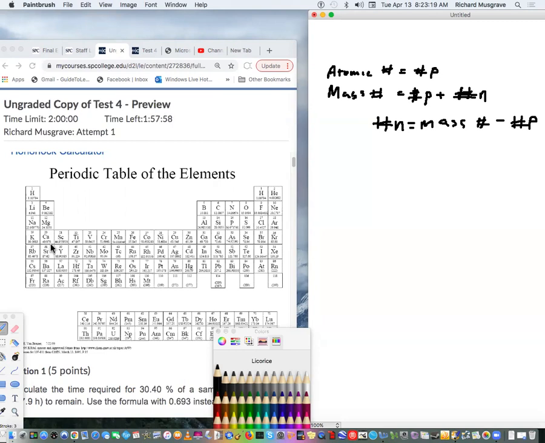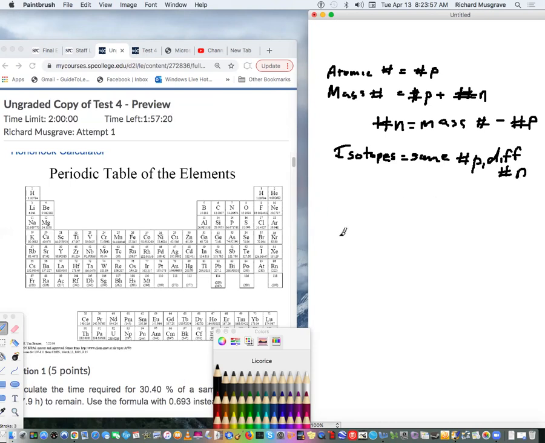But what you might be confused about here is why we don't get a whole number on the mass number. And the reason for that is because of isotopes. As I said earlier, isotopes have the same number of protons but a different number of neutrons.